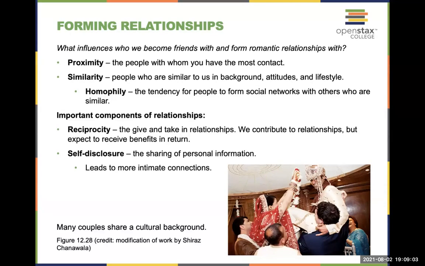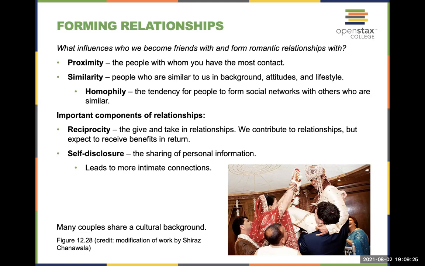And then there's also similarity, so if they have similar backgrounds, attitudes, and similar lifestyles. And then there's the term homophily, which is the tendency for people to form social networks with others who are similar. Remember, homo being same.